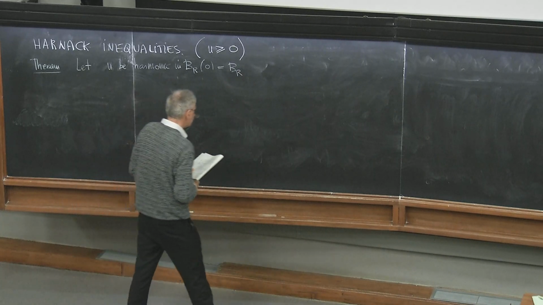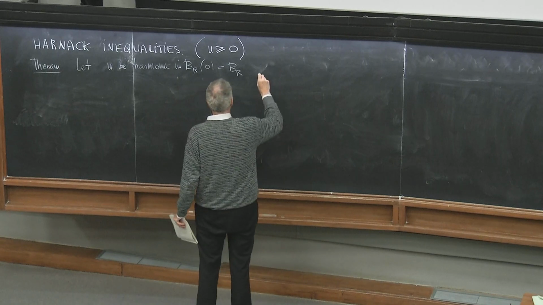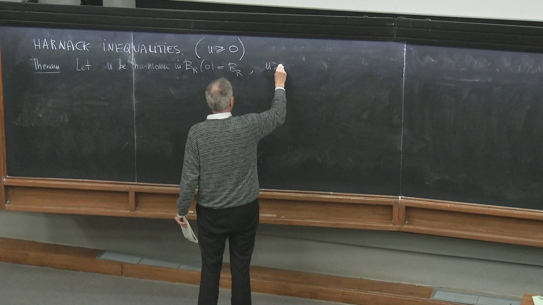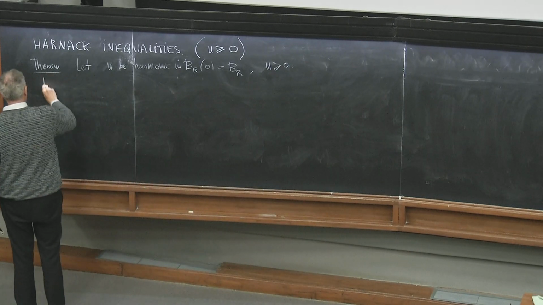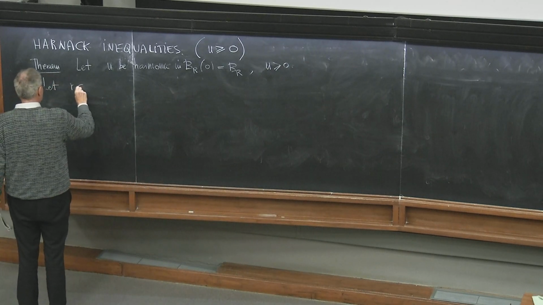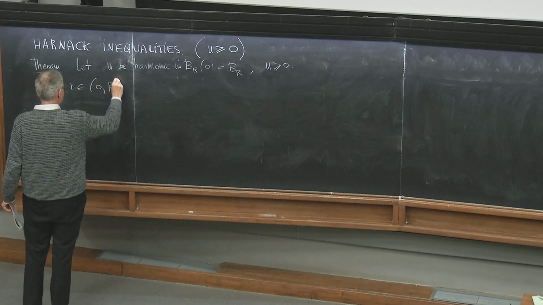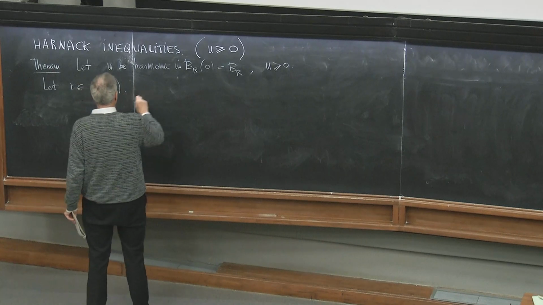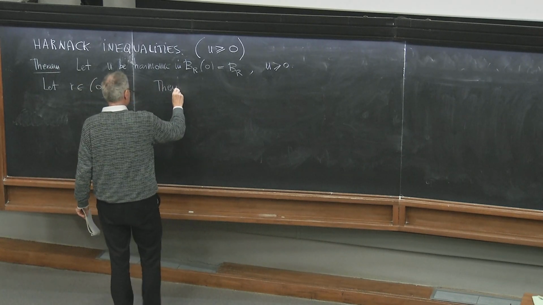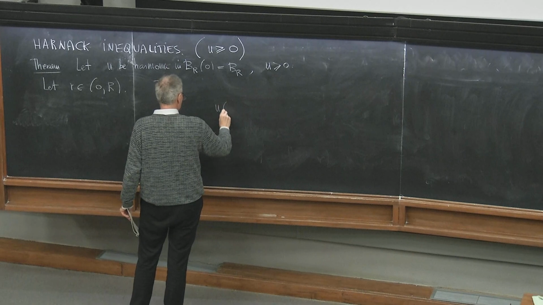And let U be larger or equal than 0. Let r be an intermediate number between 0 and R. Then we have this pointwise inequality.